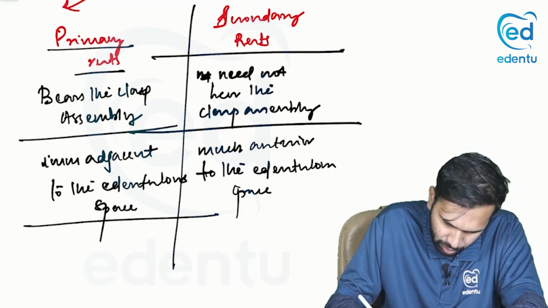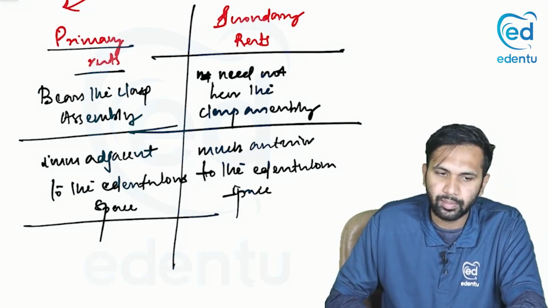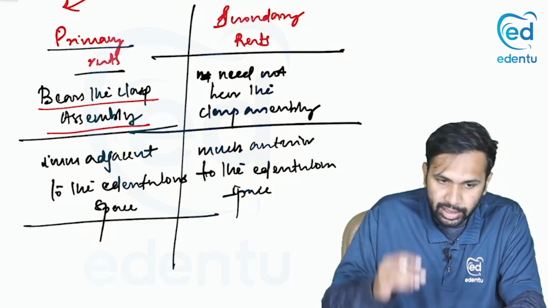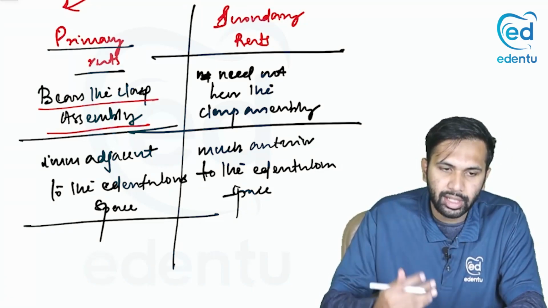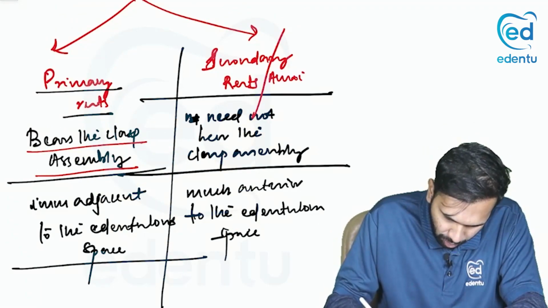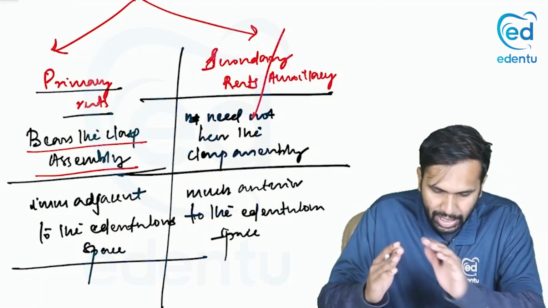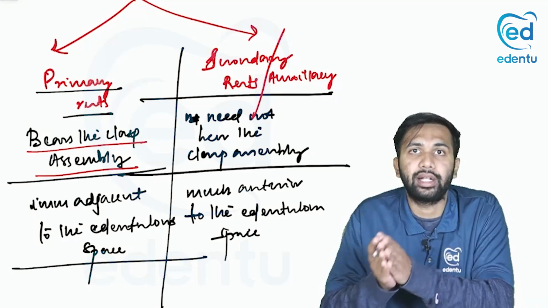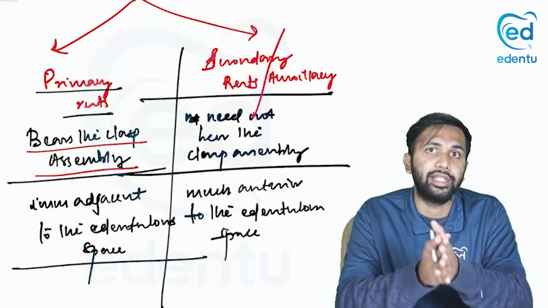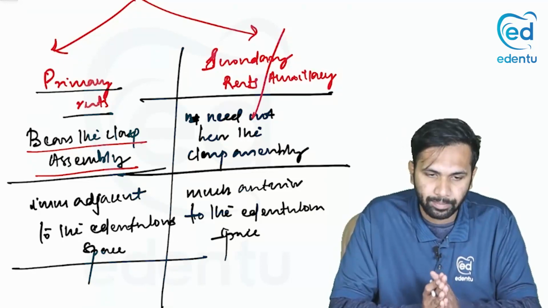So, clear-cut definition: the rest which bears the clasp assembly will be the primary rest. Secondary rest, also called auxiliary rest or additional rest, might not bear the clasp assembly, and is not located immediately adjacent to the edentulous span.